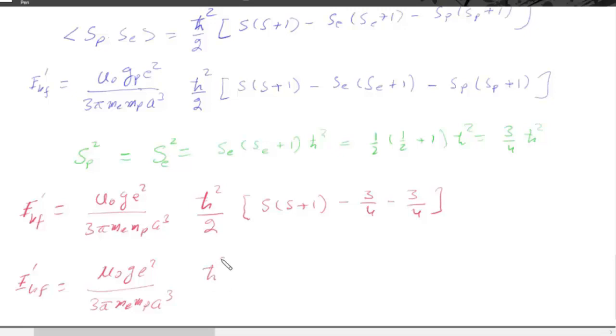This is equal to ħ² divided by 2 and s into s+1 minus, this is equal to minus 6 divided by 4. Okay, then we can go to the next stage.